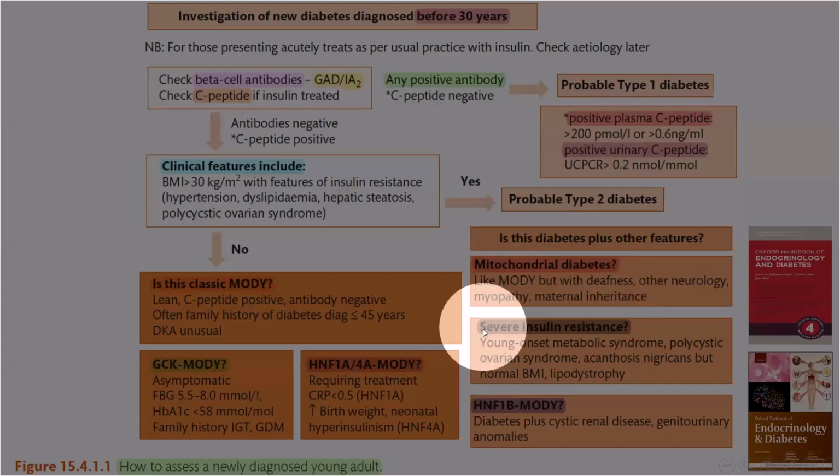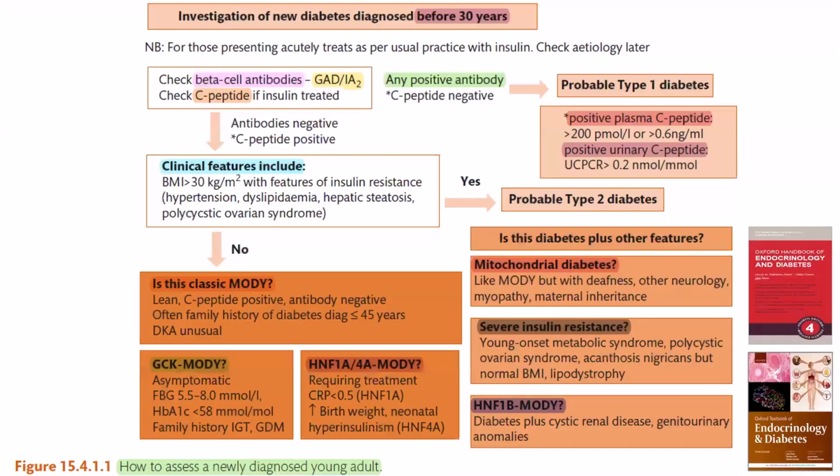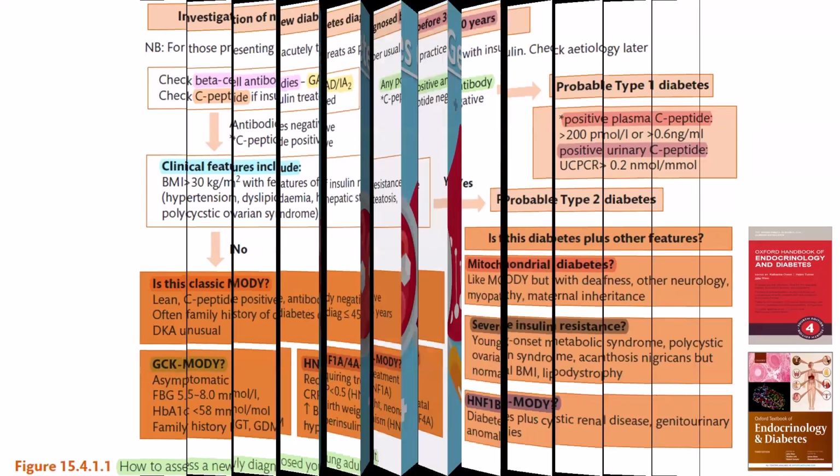Lipodystrophy is a severe insulin resistance, young onset metabolic syndrome, polycystic ovary, acanthosis nigricans, but normal BMI and lipodystrophy. HNF1 beta has a renal cyst or genitourinary anomaly. This is unique for HNF1 beta.